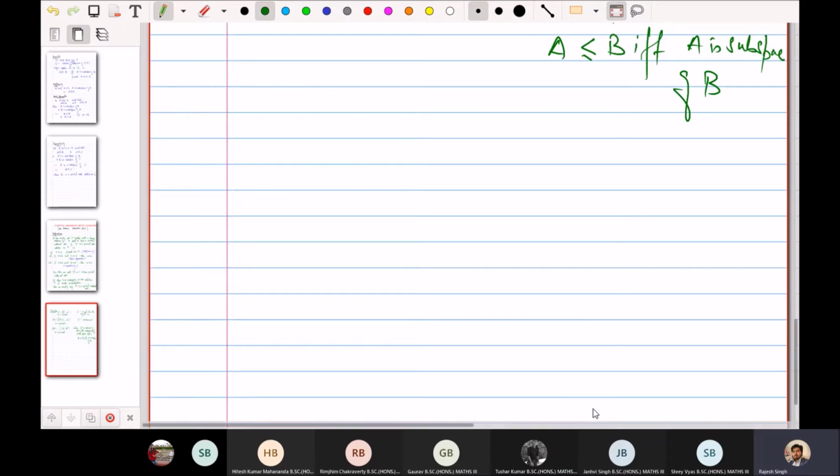So comparable elements. अभी हमने poset define करा. Now we will talk about comparable elements. So what are comparable elements? क्या होनी चाहिए definition बताओ. Comparable elements in a poset. Yes, बताओ.